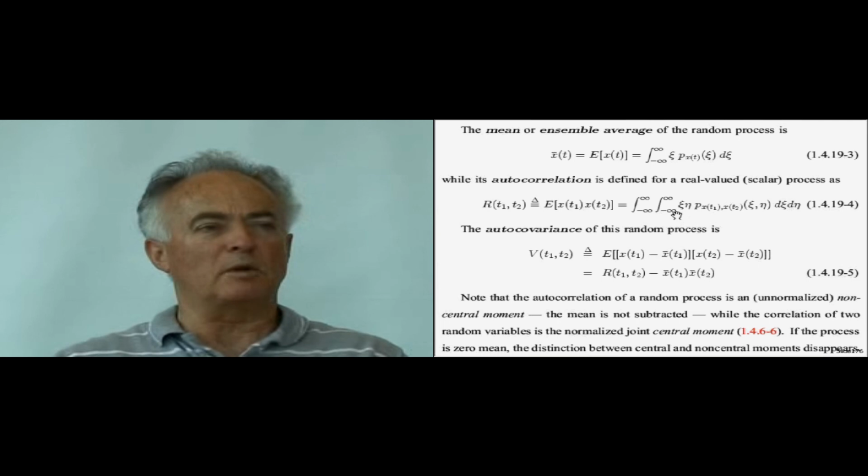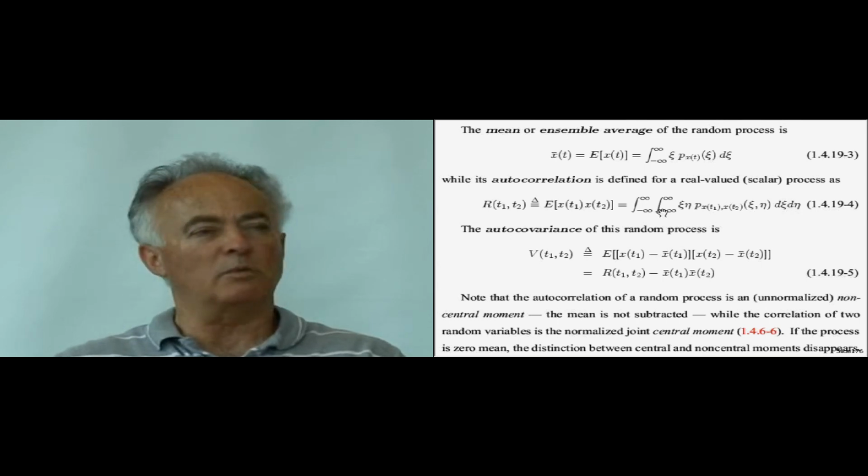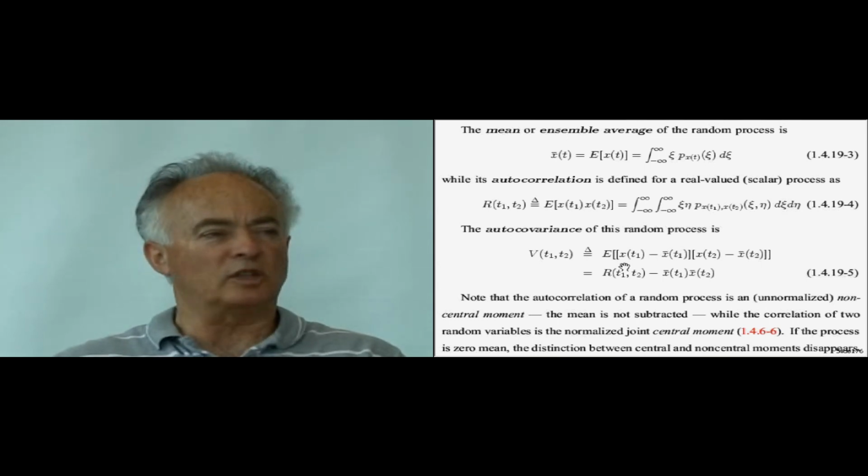And this will be the double integral of psi eta times the joint probability density function of the values of the process at t1 and at t2 at psi and eta, integrated over psi and eta. This is a non-central second moment. We have a central second moment in this case.